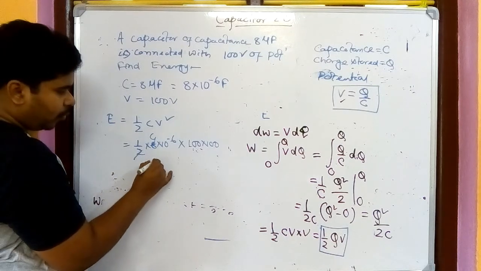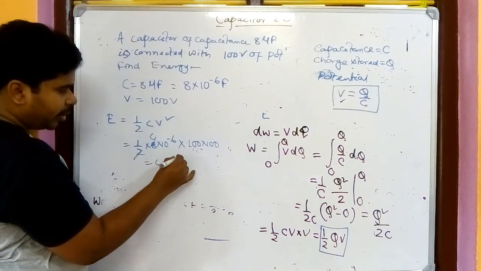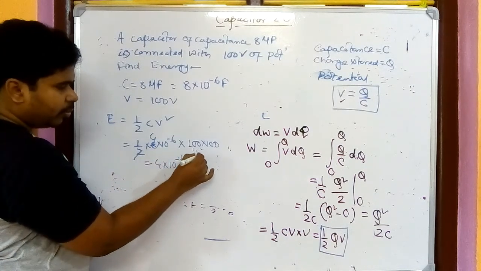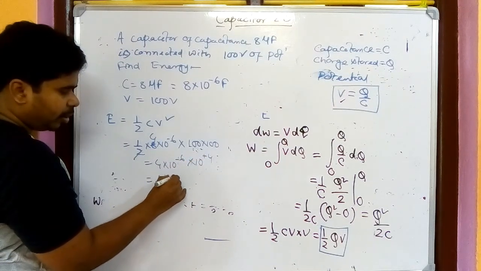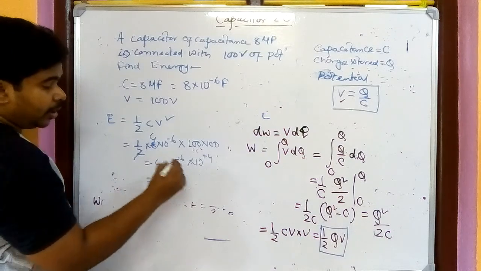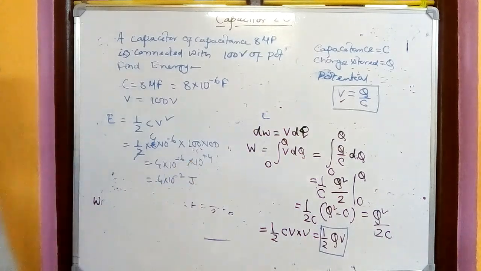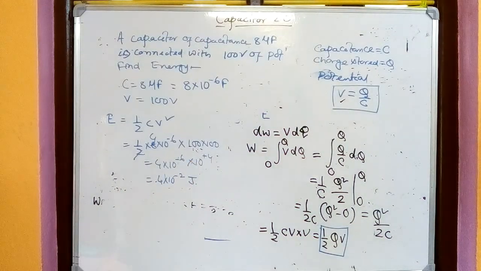So 4 into 10 to the power minus 6 into 10 to the power plus 4 gives 4 into 10 to the power minus 2 joule of energy stored here. So this type of numericals can come for the energy calculation of a capacitor.